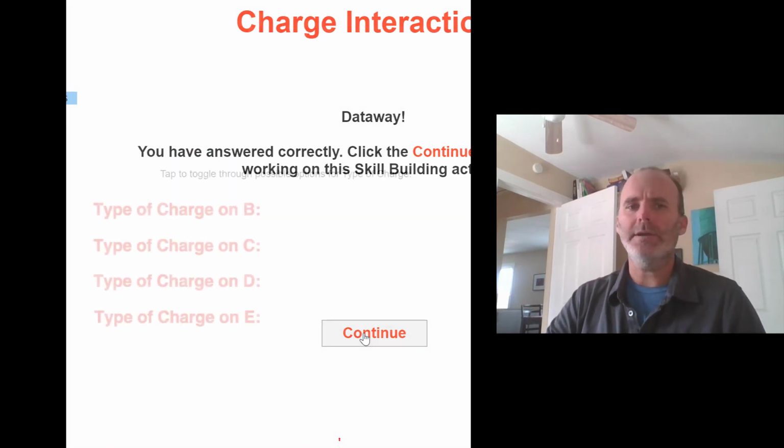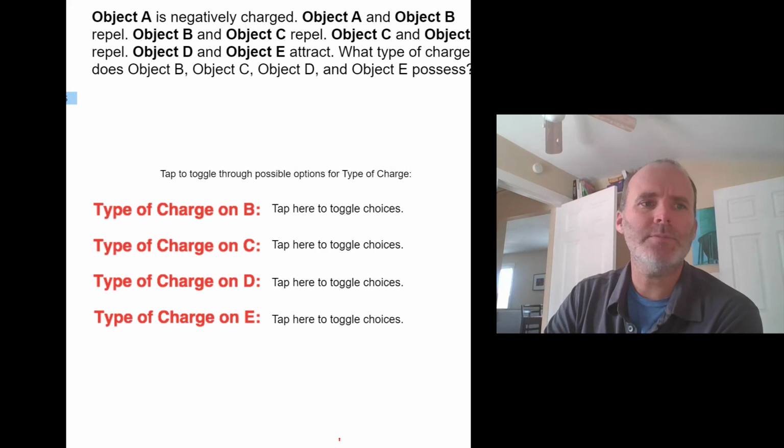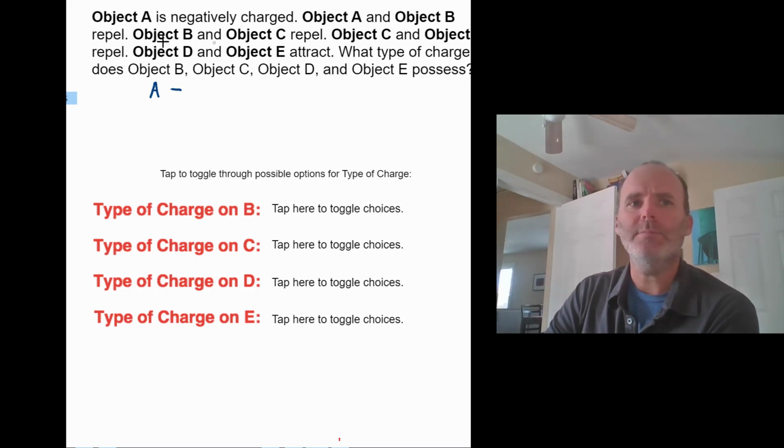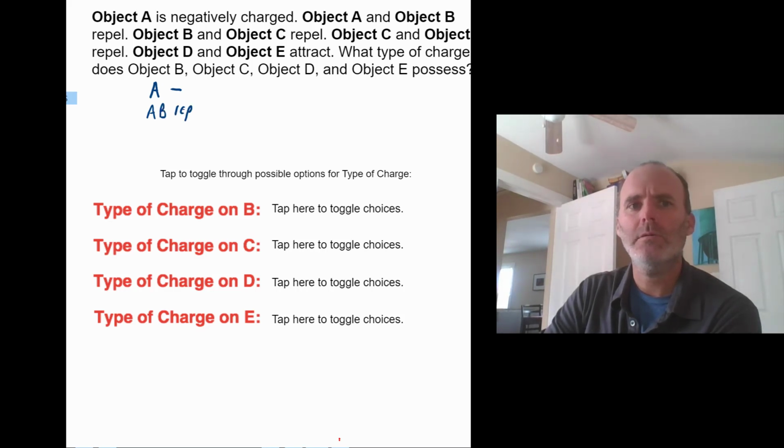All right, let's do another one just to make sure we get this down. Let's set this up the same way. Object A is negative. Object A and B repel. Object B and C repel.